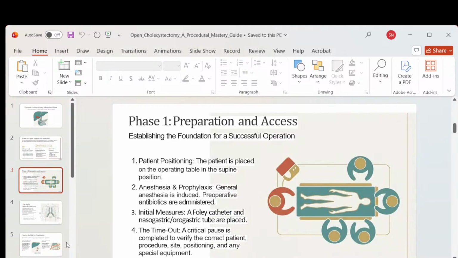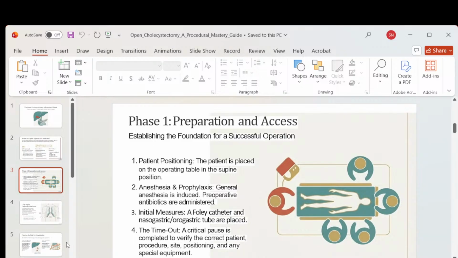Okay, now see. First, we have to see the preparation and access. It is phase one. In any general surgical case, the preparation of the patient is most important, establishing the foundation for a successful operation.